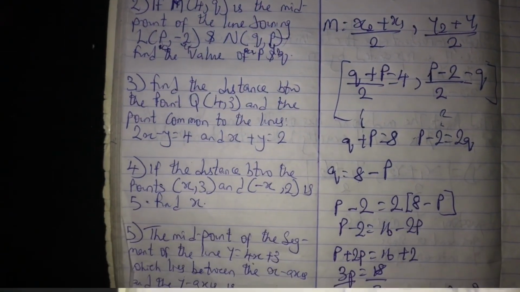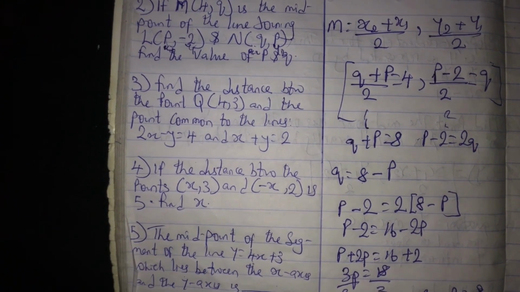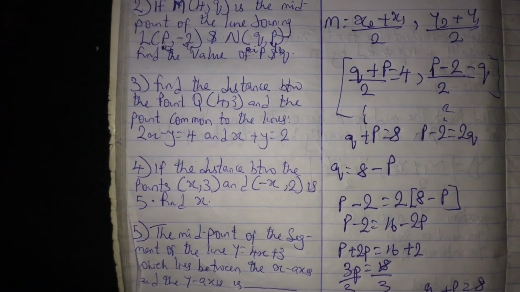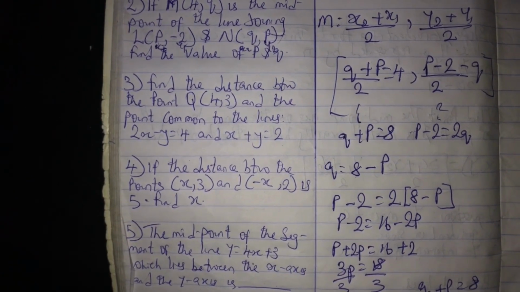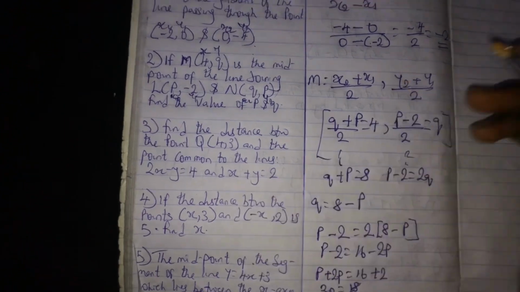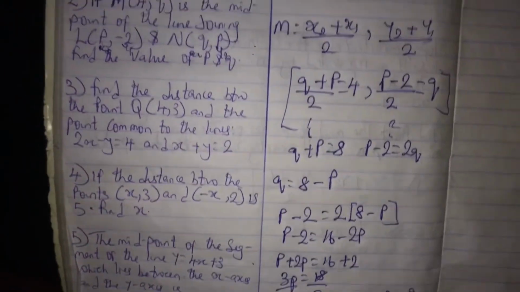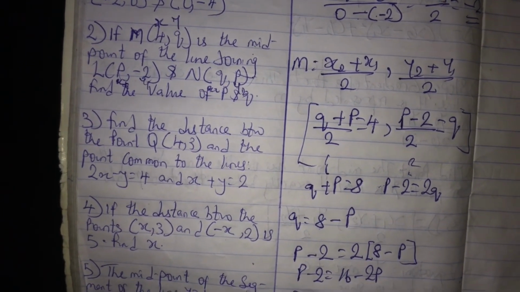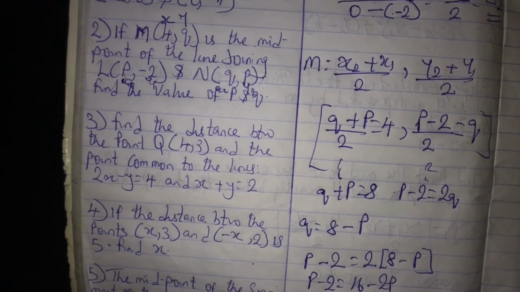Then our next question says: find the distance between the points (q, 4) and (3, ...), the point common to the lines 2x minus y is equal to 4 and x plus y is equal to 2. So first, quickly use simultaneous equations for this. Just quickly write it: 2x minus y is equal to 4, then x plus y is equal to 2.